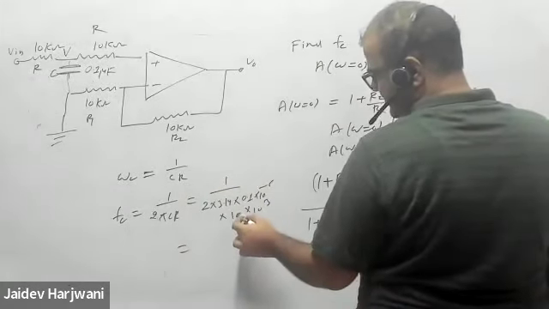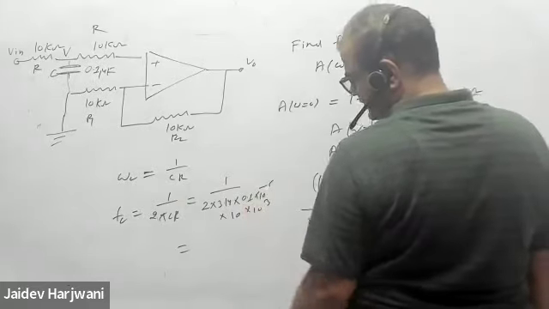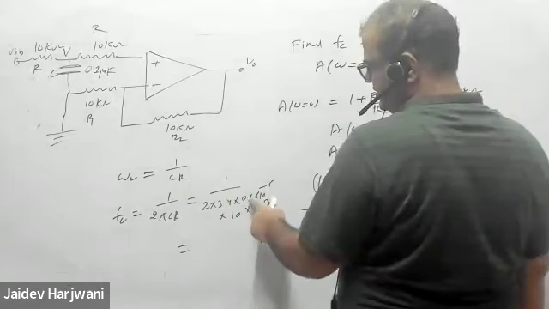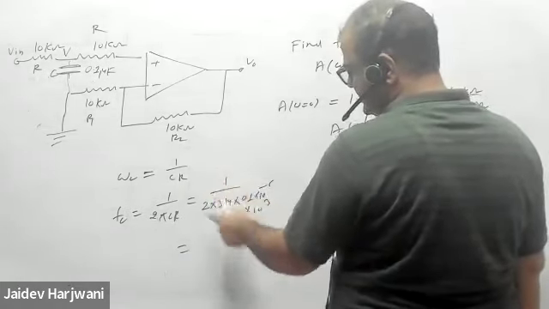So this is 10 power 4, 10 power minus 6. Okay. So this is 10 power here 1000. How much is coming? You solve this one.